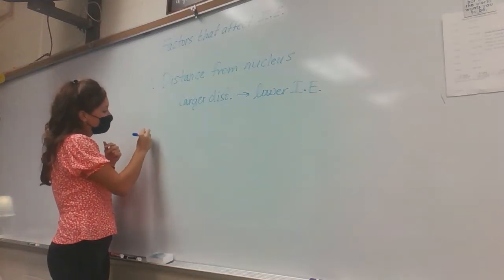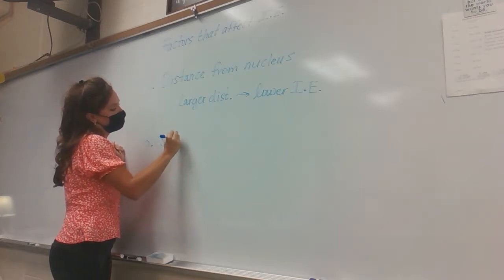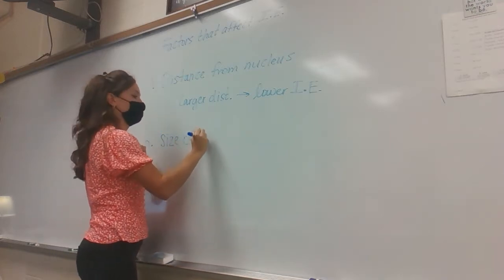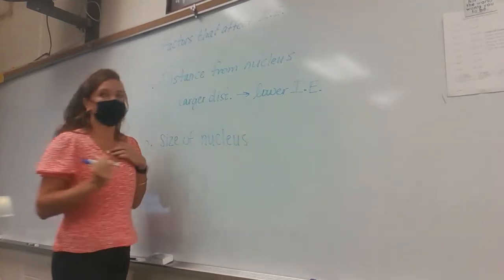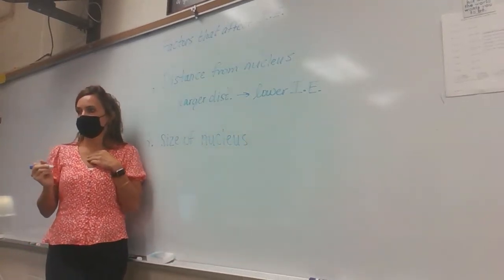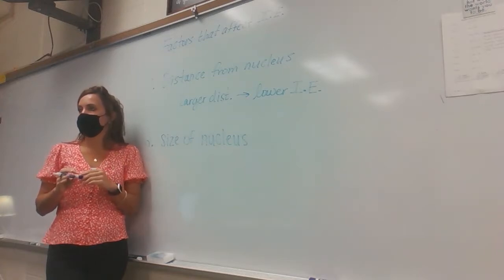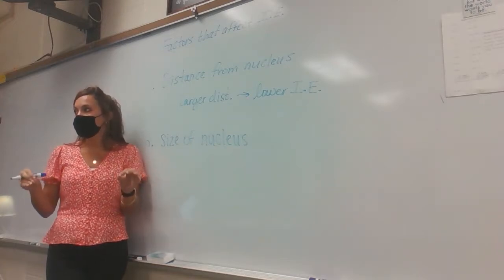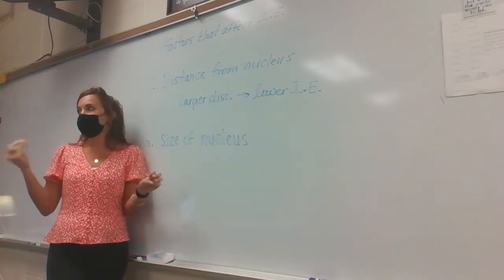The second thing that has an effect on it is the size of the nucleus. The more positive the nucleus is, the harder it is to pull an electron away from it.